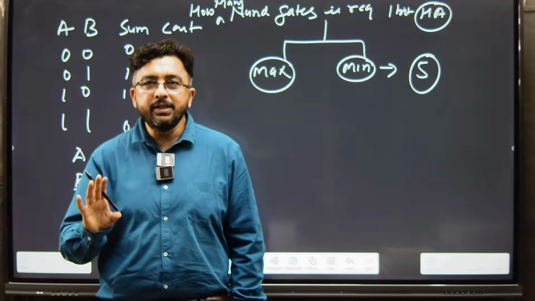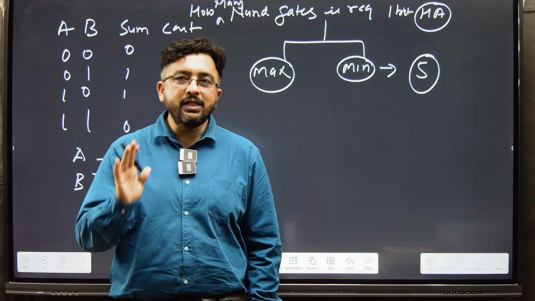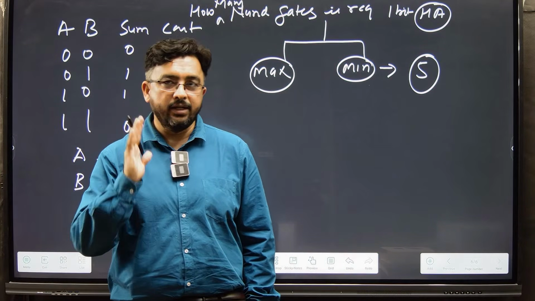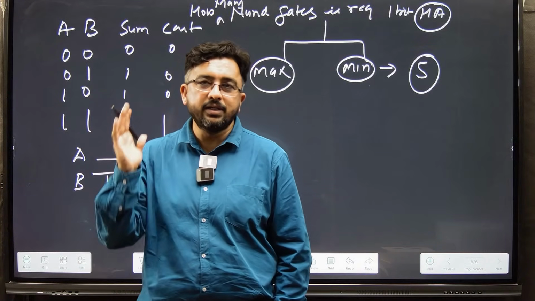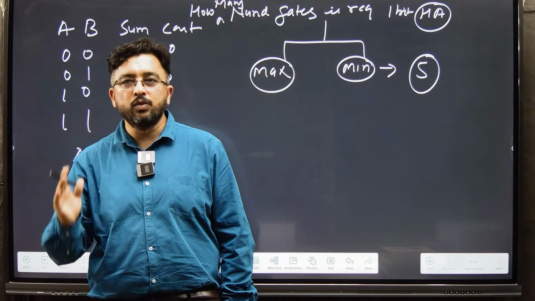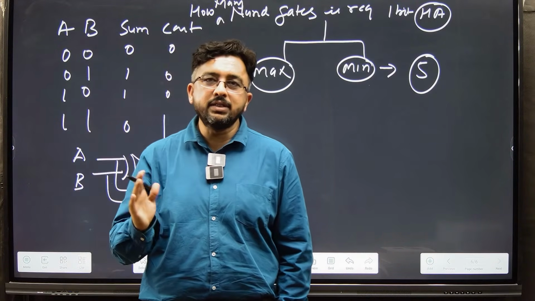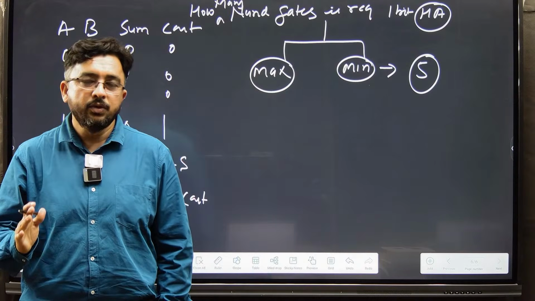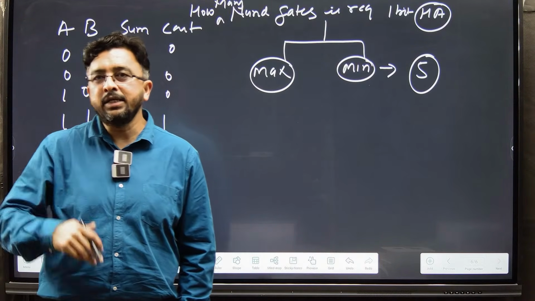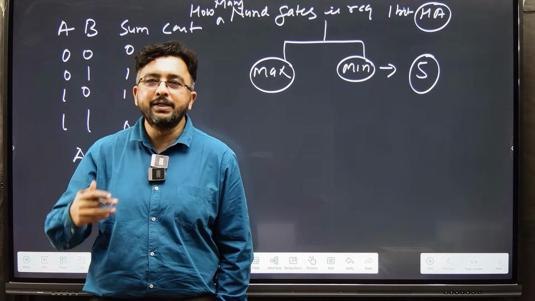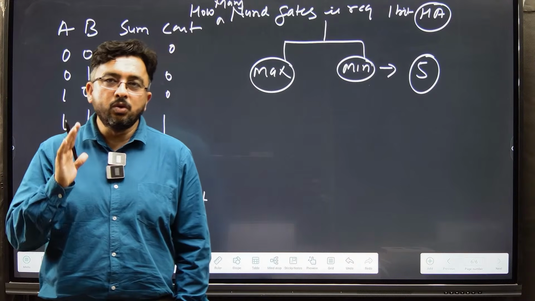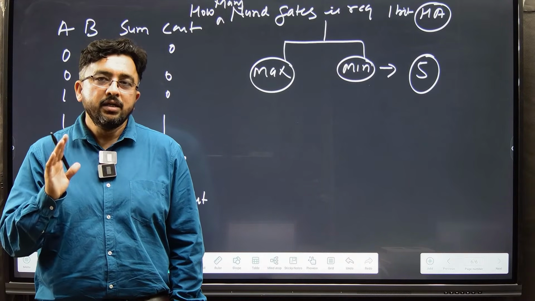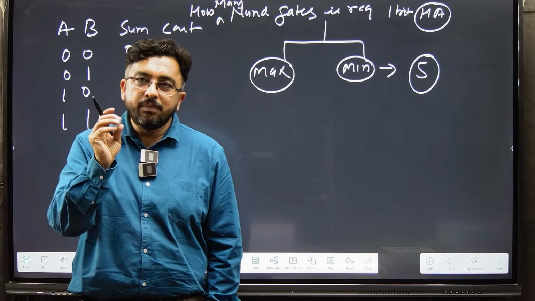Whenever the question comes like this, tell me the maximum and minimum number of NAND gates required to make any circuit, and this circuit can be a half adder, full adder, half subtractor, full subtractor, mux, demux, encoder, decoder, or any type of latch, flip-flop, or counter, then in that case you have to think only of those implementations which are designed with the minimum number of NAND gates.